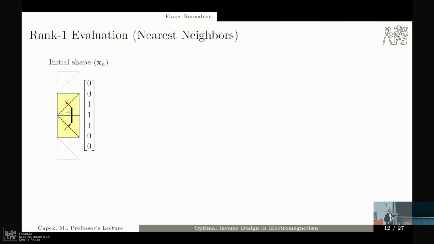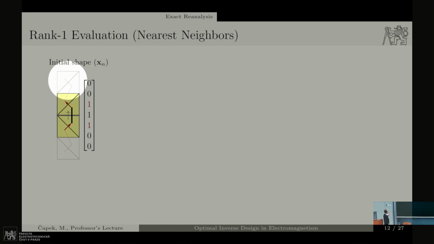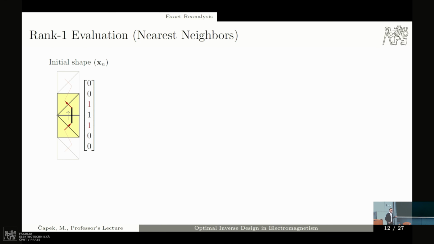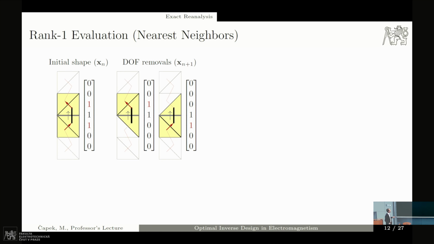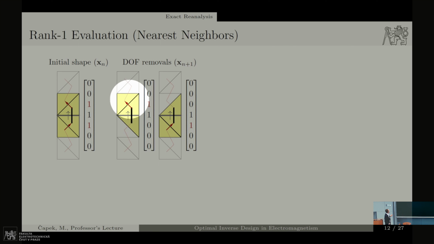And again, to visualize it, imagine this is the initial shape at a certain stage of the problem. And the edge in the middle is fixed. That's the black one. There is a feeding. We cannot touch it. The red ones are definitely a subject of possible shape optimization. So we can remove one of them here or remove another one.